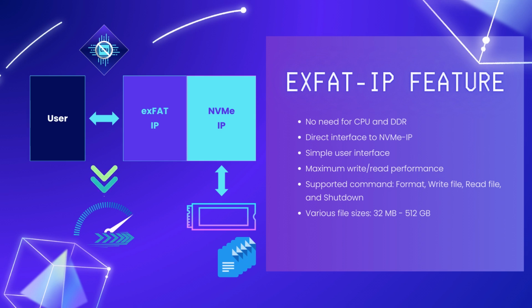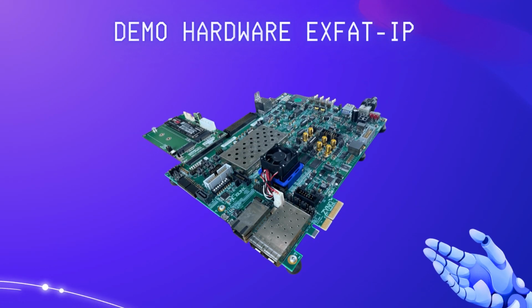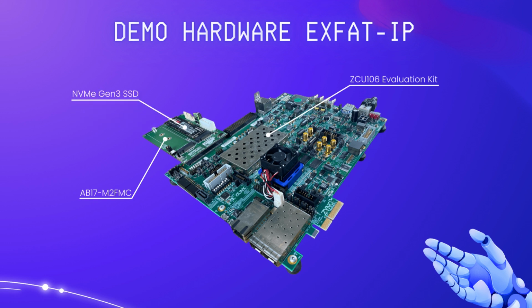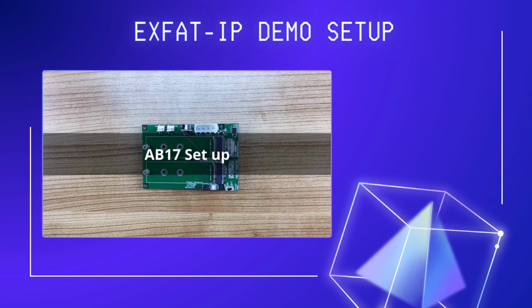Next, let's show you the demonstration of our exFAT-IP on an FPGA board. To set up the hardware for our exFAT-IP demo, you'll need the following components: the FPGA board, the SSD adapter board, and an NVMe SSD. Let's configure our demo environment.